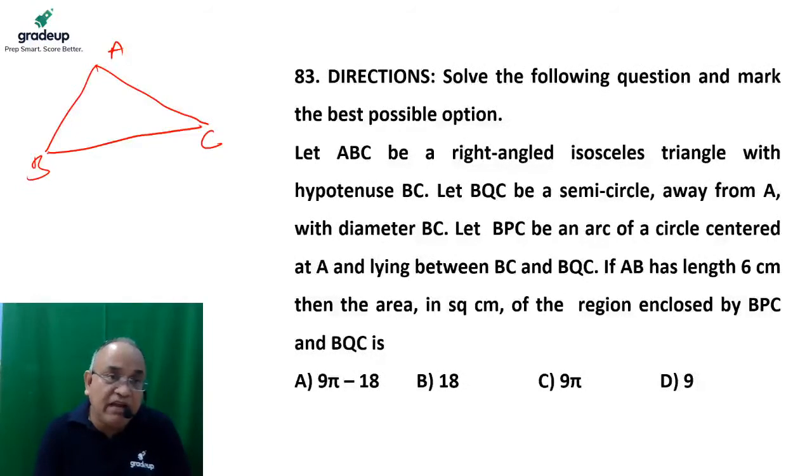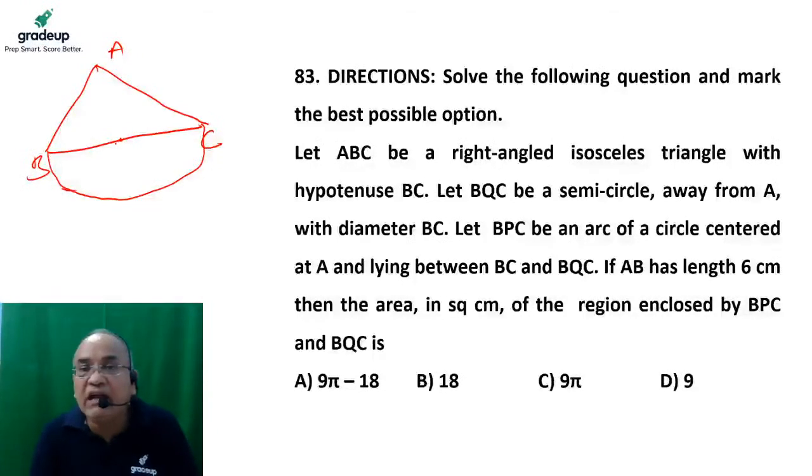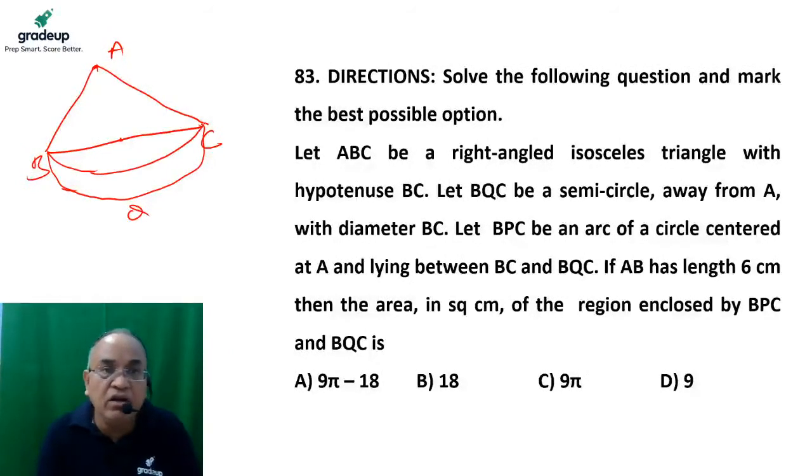If I draw a semicircle like this, keeping BC as diameter, and BPC be an arc of a circle centered at A. If I take A as the center of the circle, then BPC is an arc. So this is BPC. I'm taking a point here.